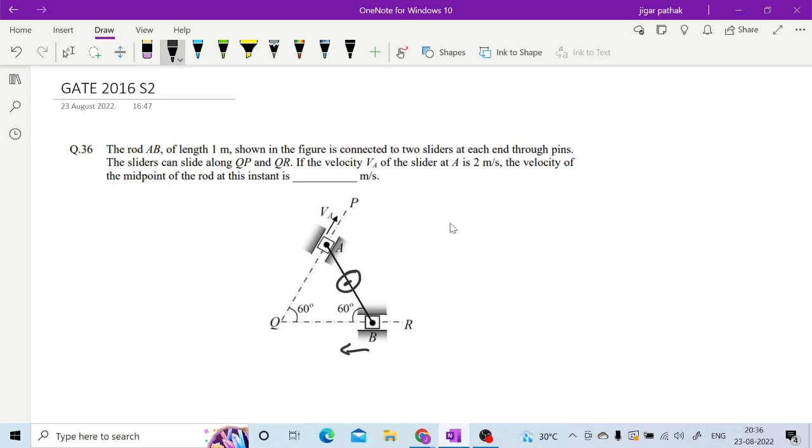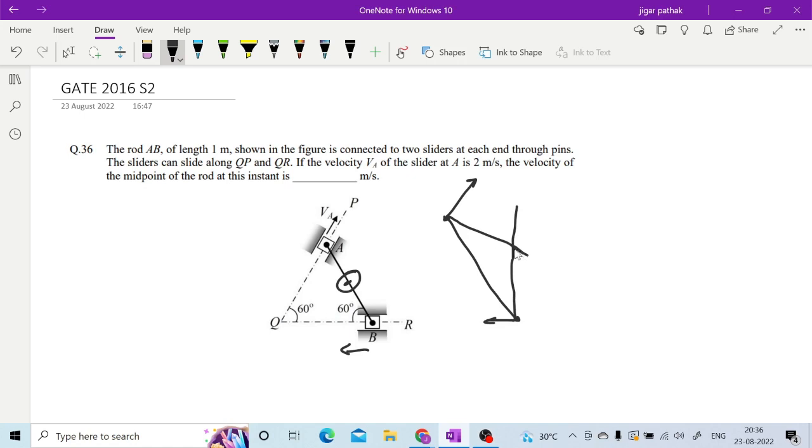So how you are going to start is, first you have these particular points A and R, right? From that, as the velocity direction is given here, your 90 degree to this will be like this, and here your 90 degree to this will be like this.